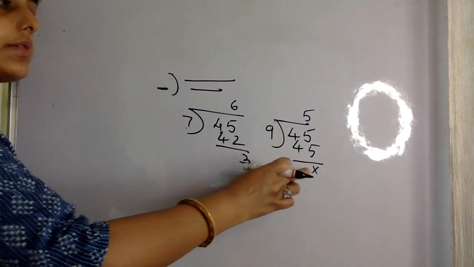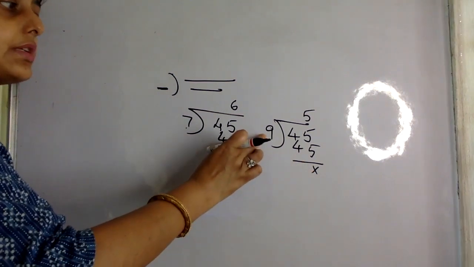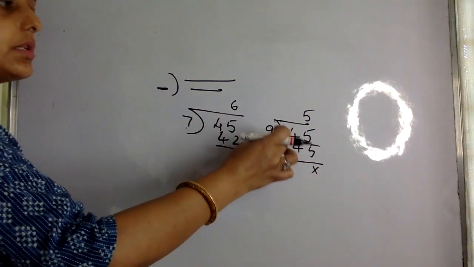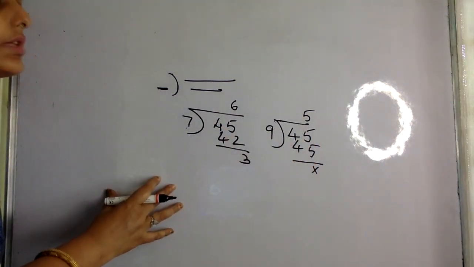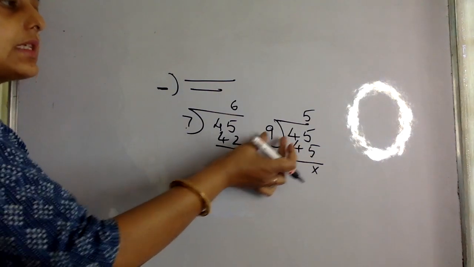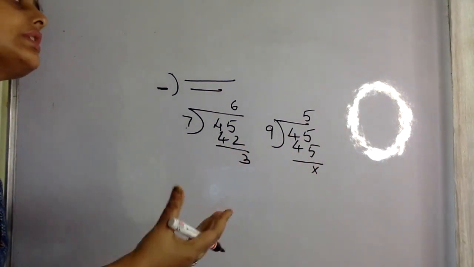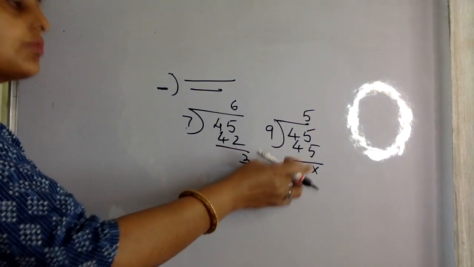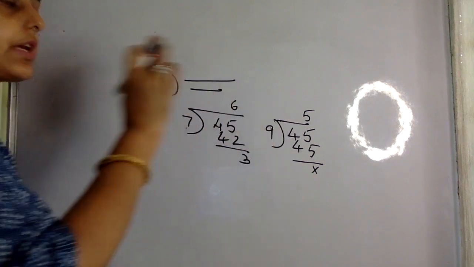As long as the remainder is 0, I know that the divisor is actually a factor of the number inside. So 9 is a factor of 45. What tells me 9 is a factor of 45? The remainder, which turned out to be 0, tells me yes, 9 is a factor of 45.